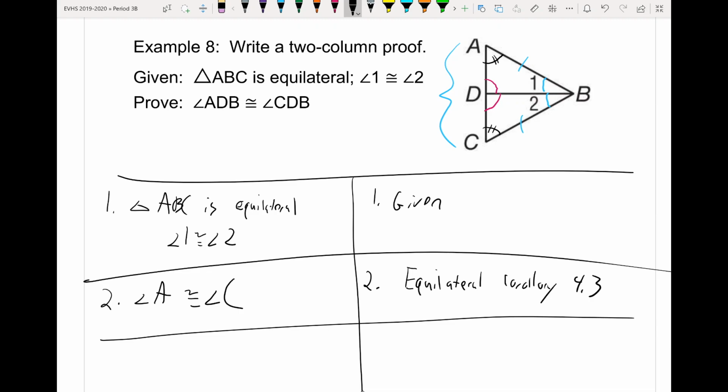So, like, say 1 and 2 are both 3. Actually, you know what?